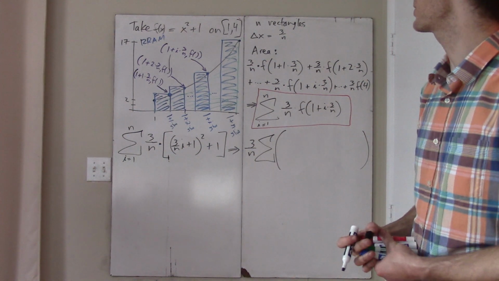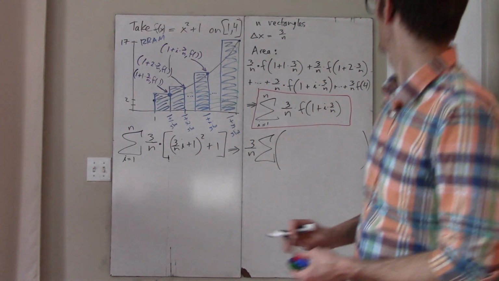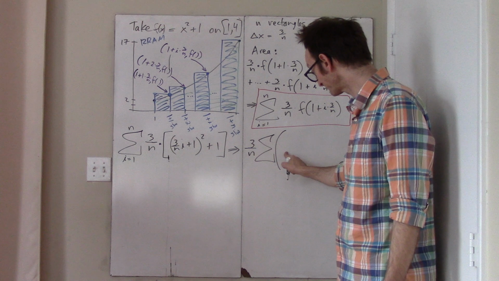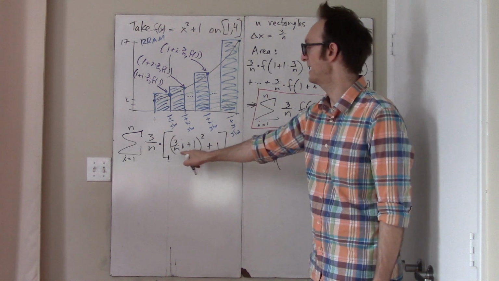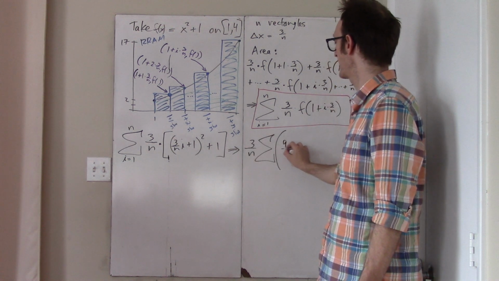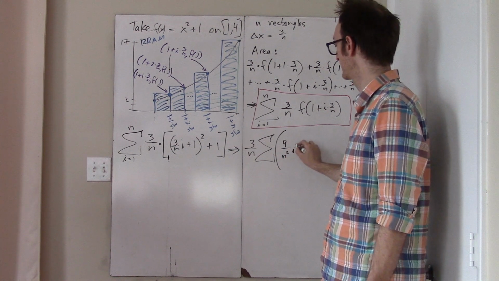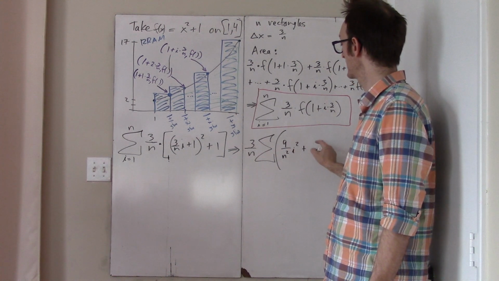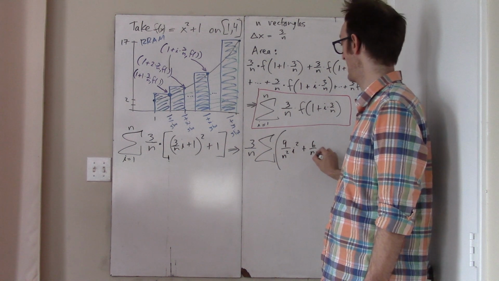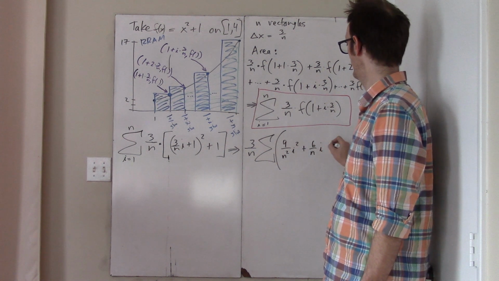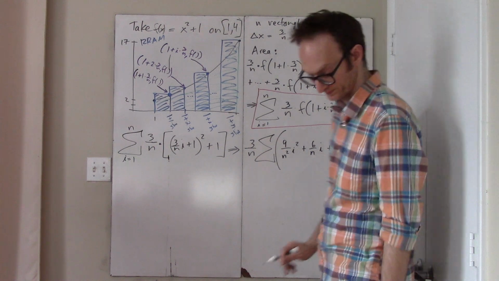And what's in this big summation? Well, I suppose the thing to do is to just expand this all out. If I expand this all out, I get 9 over n squared, i squared, plus 6 over n i, plus 1, plus another 1.